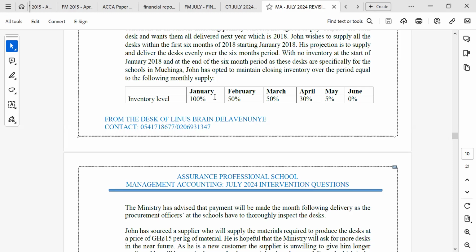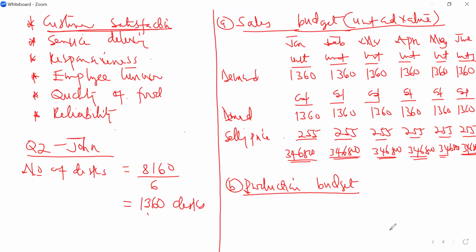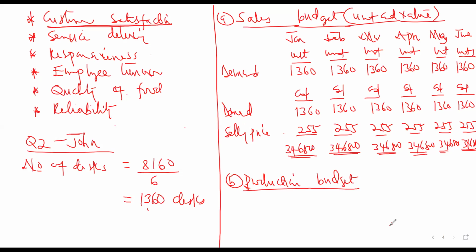Okay, so I'll bring the January over here, the February, the March, the April, the May, and the June over here. So this will be in units.